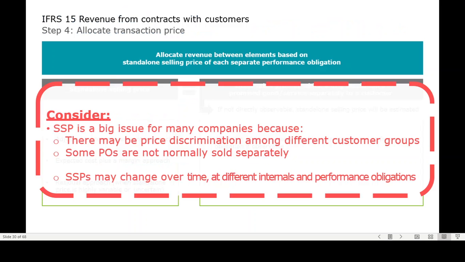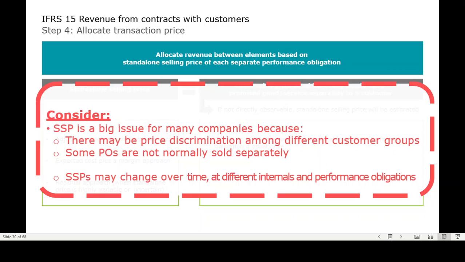So let's take an example. Normally it can be a very big issue for some companies, because there are price discriminations among different consumer groups, and some performance obligations are not normally sold separately, and sometimes the standalone selling prices keep changing because of demand and supply factors. They may also change based on seasonality. So how are you going to allocate the standalone selling prices?